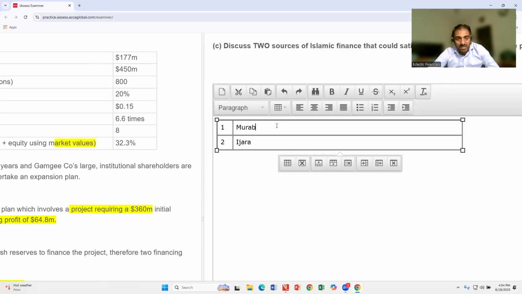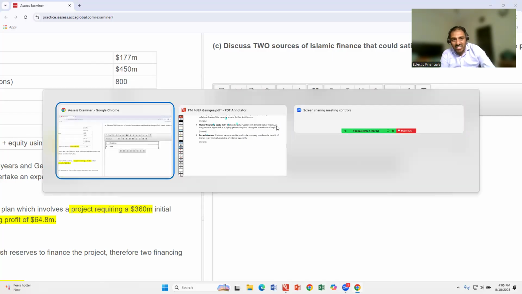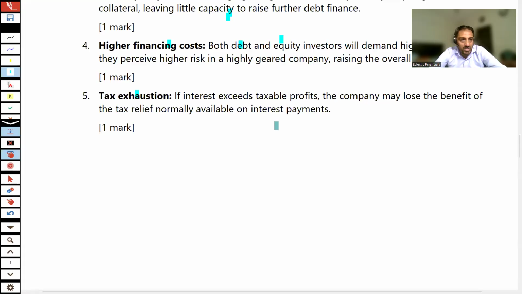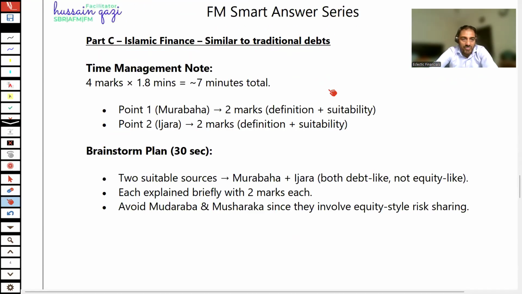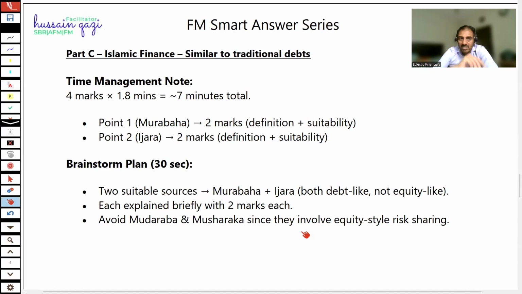Murabaha and Ijara. So very specifically, you have to write the answer that resembles debt finance, with no involvement of the investor or the lender, like in a partnership model. So these 2 points you can refer to. First of all, that's the planning phase.